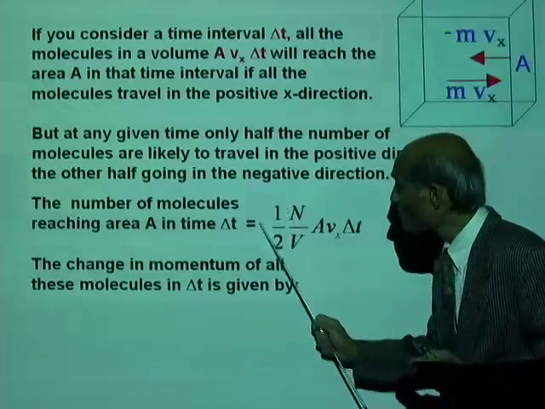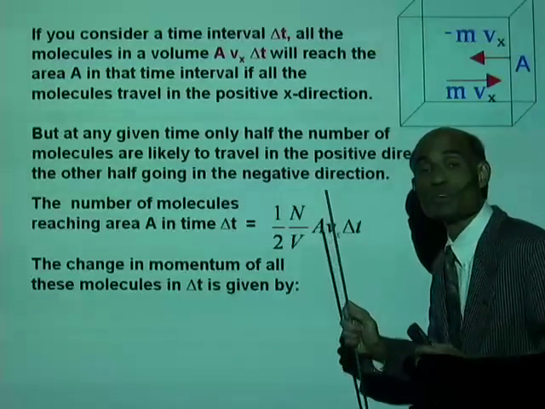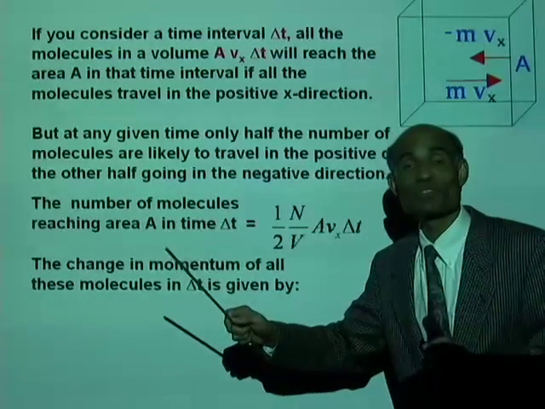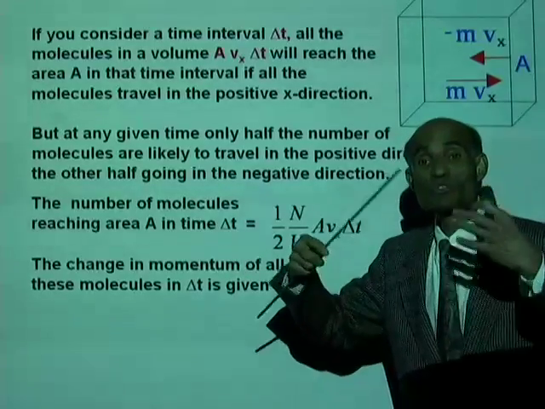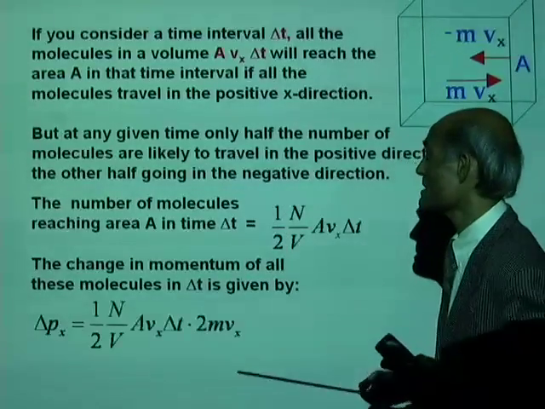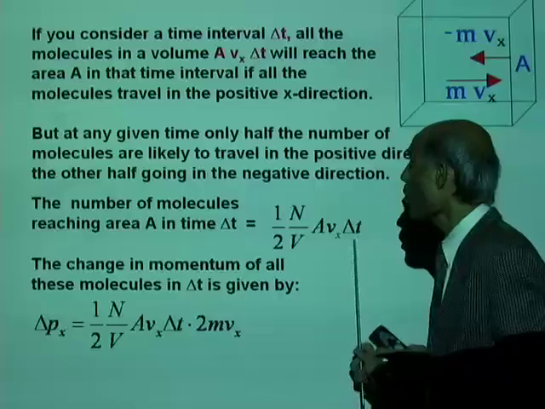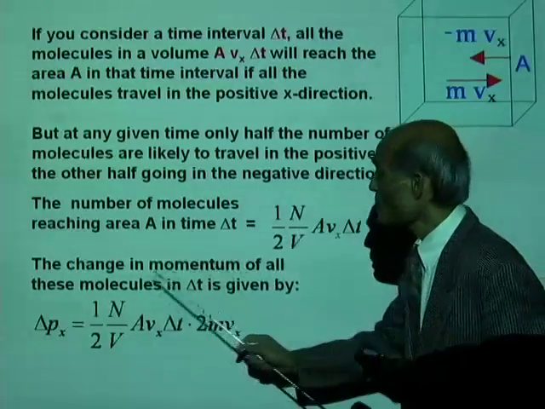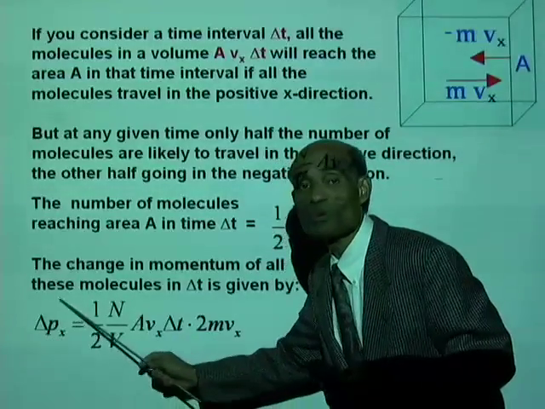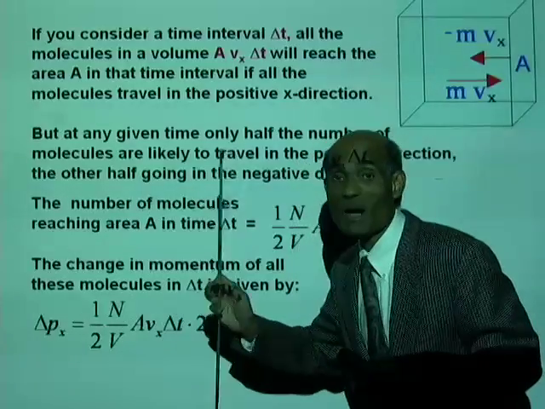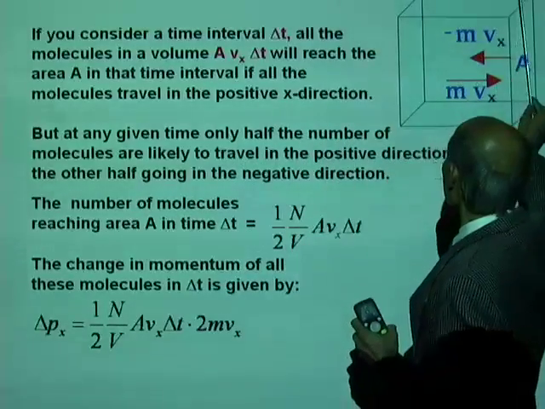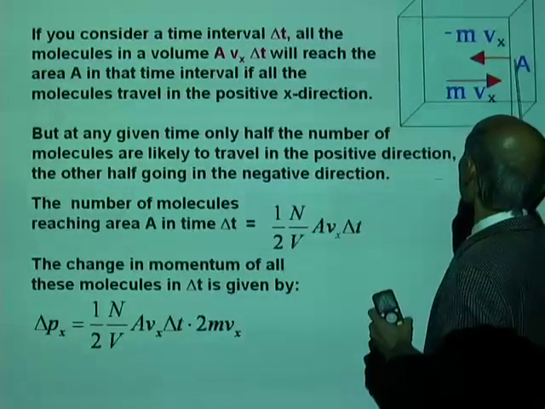So if you now multiply this quantity with 2mvx, that will give you the total change in momentum experienced by all these molecules.